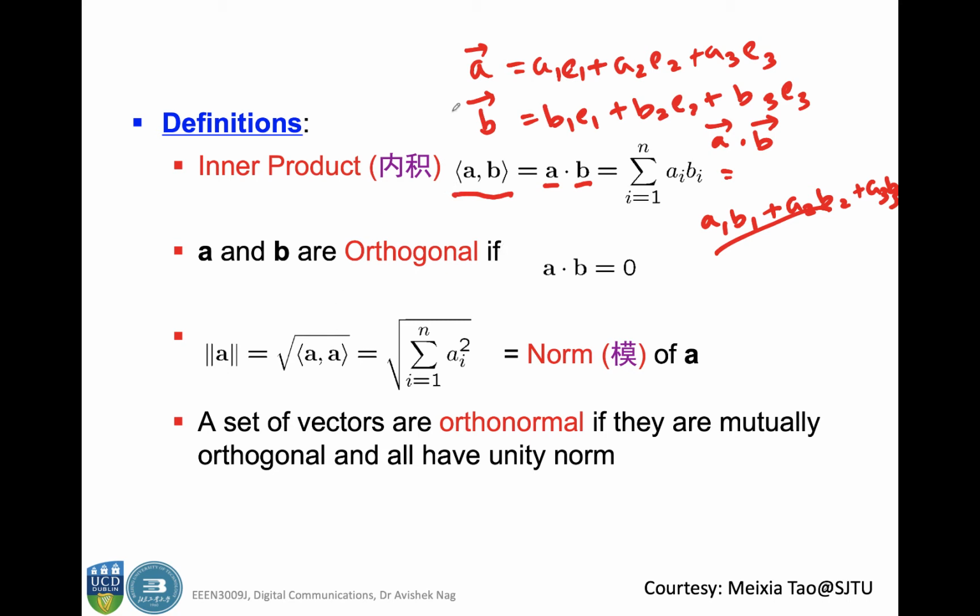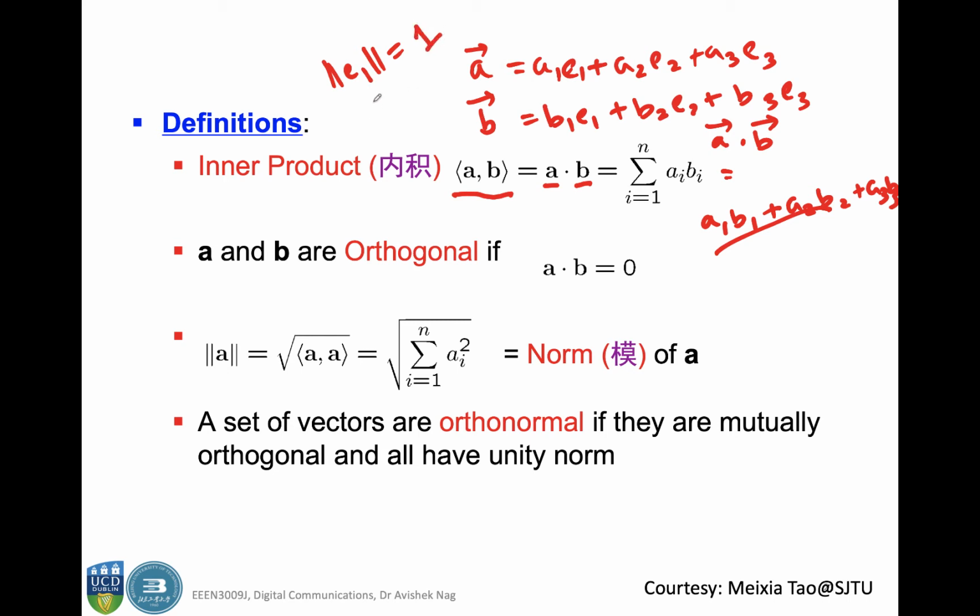So basically if you do a dot b and then try to multiply each of these different components, the first term will be a1 b1 times e1 squared. So these unit vectors have unit energy. So basically if you write it like this, it is the norm of the vector e1, okay, which is 1 in this case.